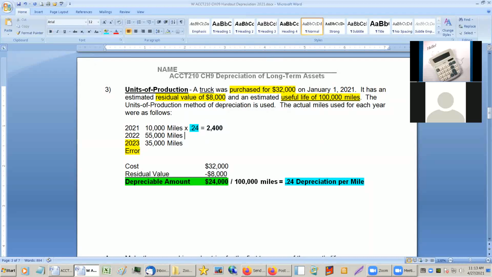Go to the next year, same thing, times 0.24. $13,200.